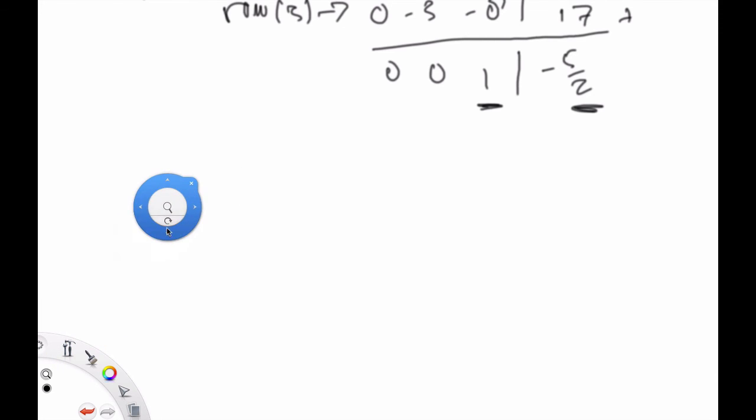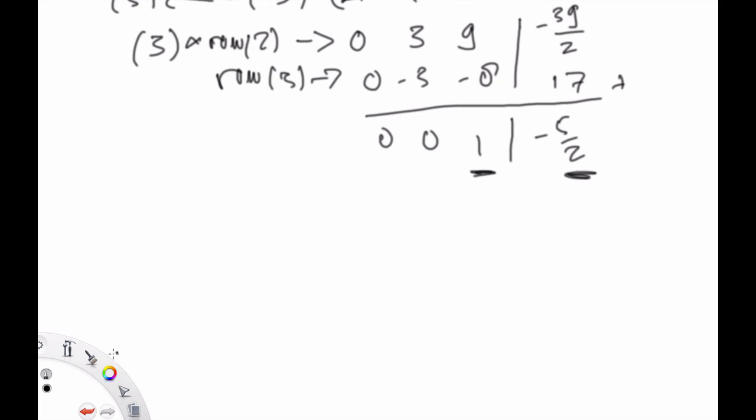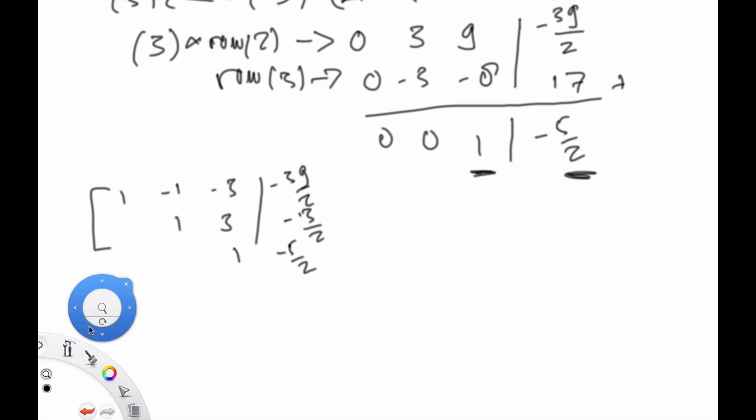We can write the new matrix like this: 1, minus 1, minus 3, 8; 1, 3, minus 13 over 2; and 1, minus 5 over 2.